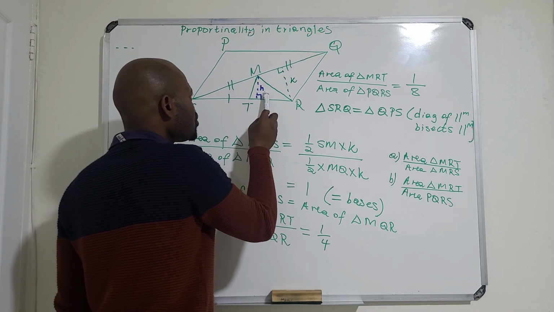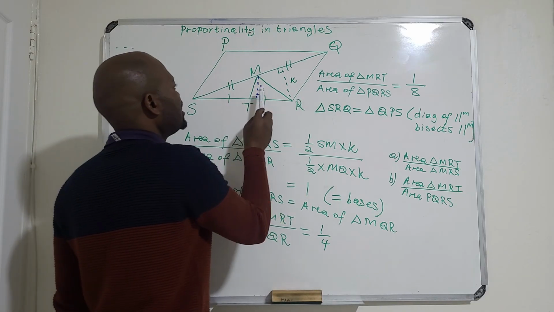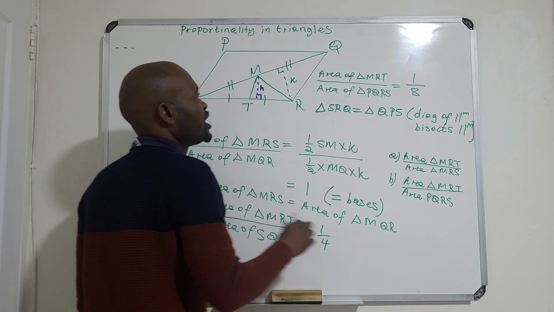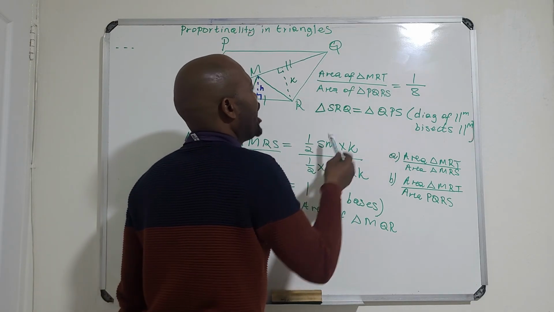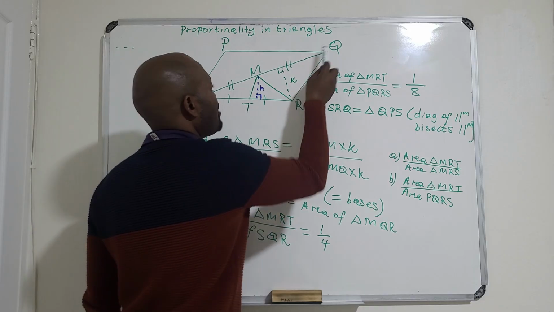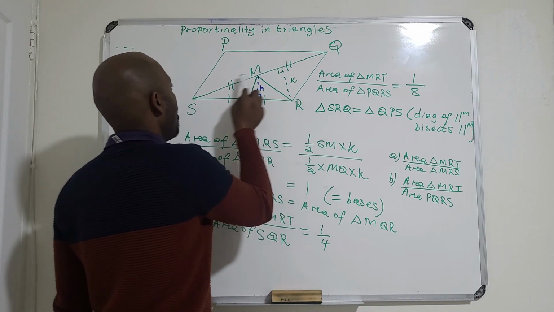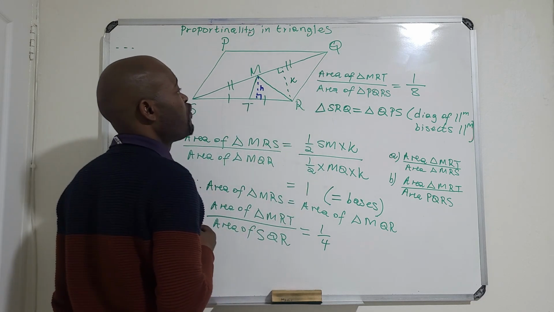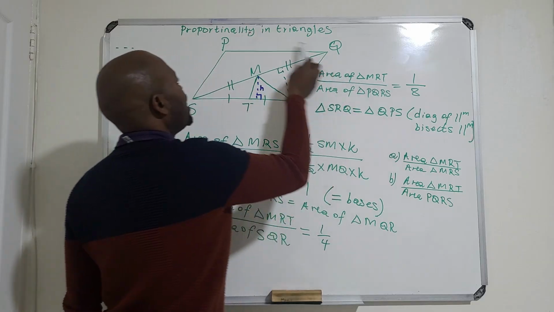So this triangle, in the whole of this, is 8 times. Therefore, that is why we say the area of triangle MRT over the area of the whole parallelogram, since the area of this over this is 1 over 4, will be 1 over 8.